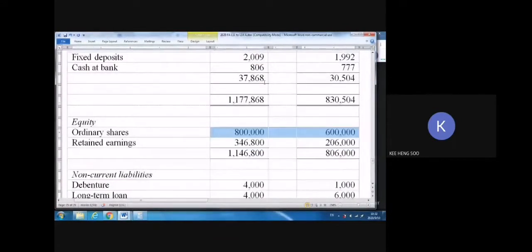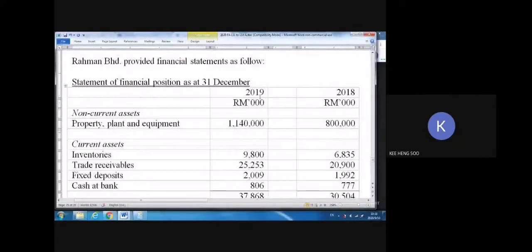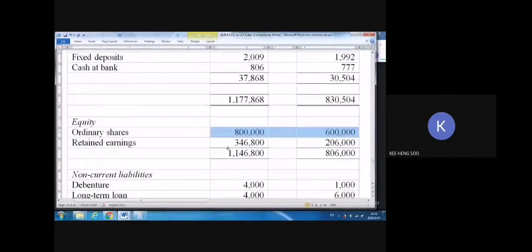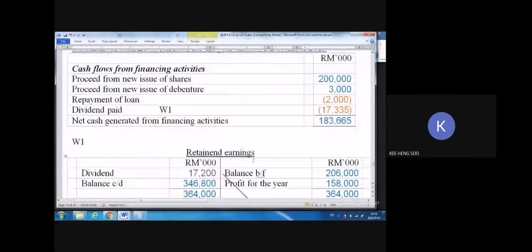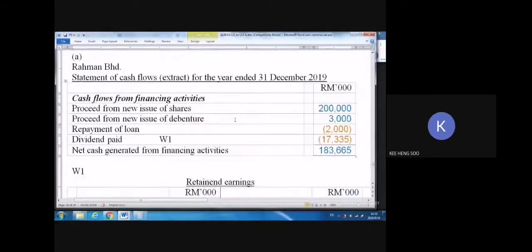So from 2008 to 2009, you issue new shares. Then debenture, that's how you get the 300. Debenture from 1 million to, sorry, 4 million.